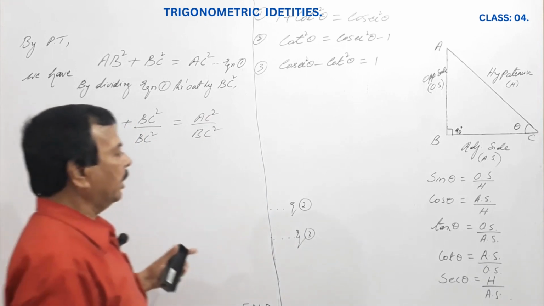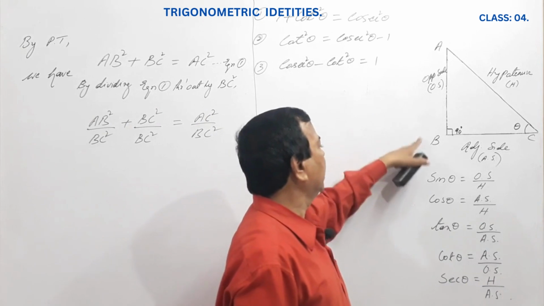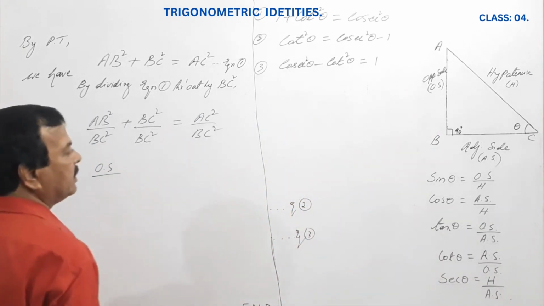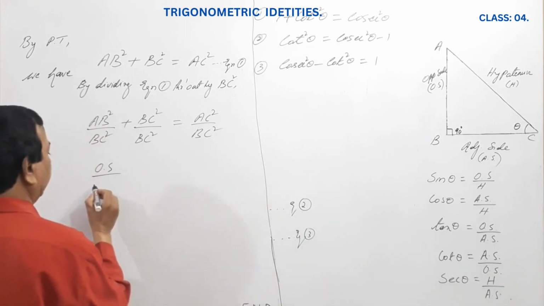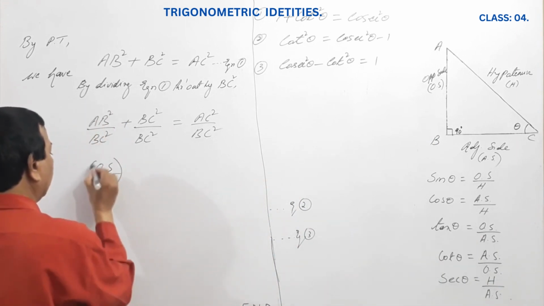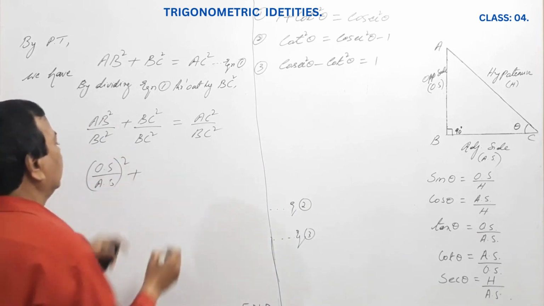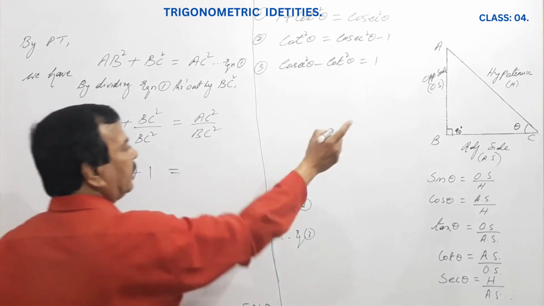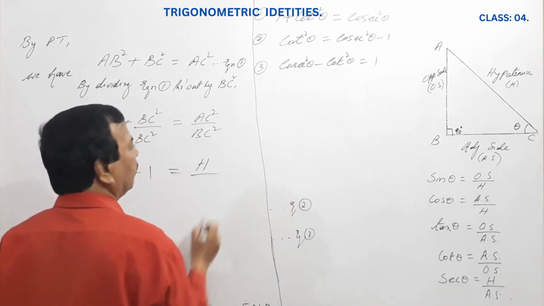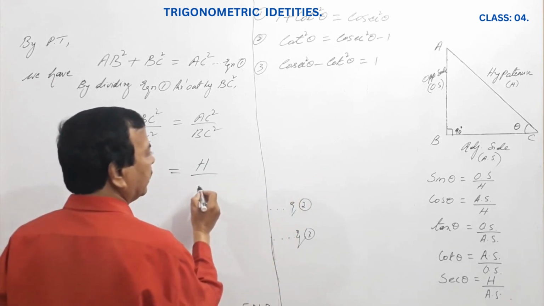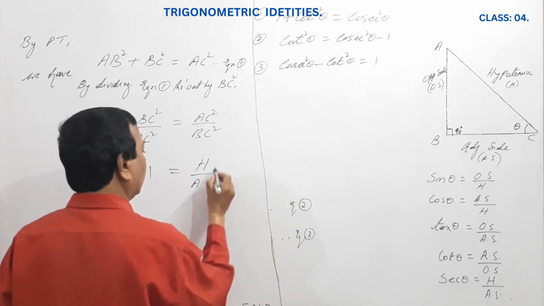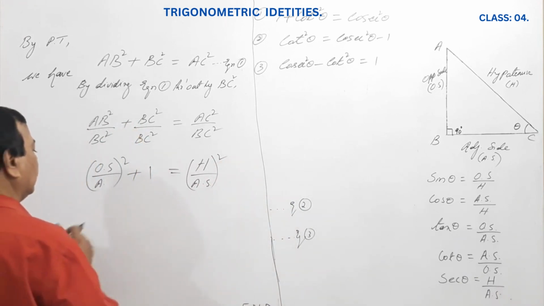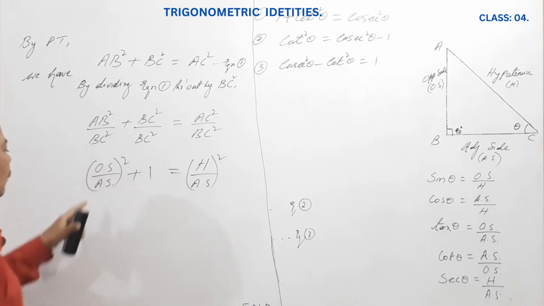Now what is AB? AB is nothing but OS, that is OS by BC. BC is AS, square, plus this BC square by BC square equals 1, equals to, what is AC? AC is H, hypotenuse, divided by BC is adjacent side, square. So, what is OS by AS?